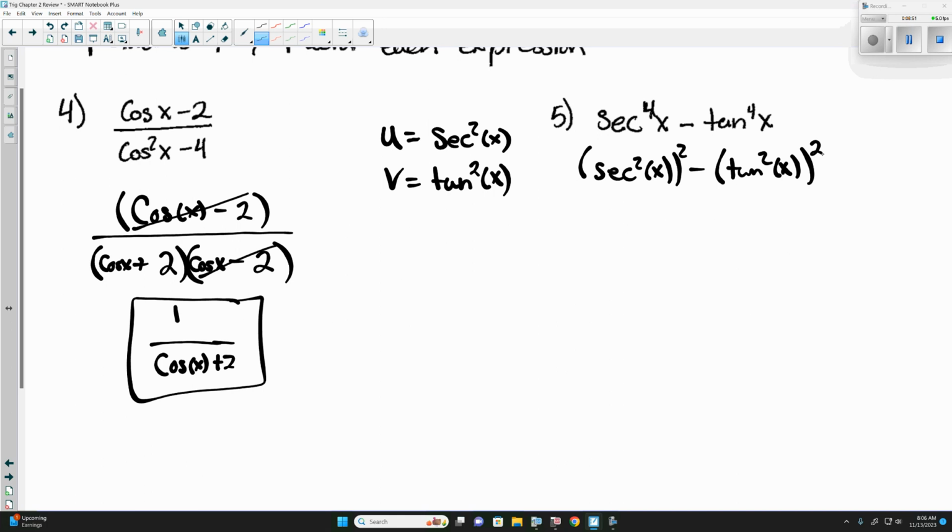Because when we put a power to a power, they multiply, which would give us secant to the 4th minus tangent to the 4th. And using our uv substitution, really we're saying that we have u squared minus v squared, which is another difference of perfect squares.